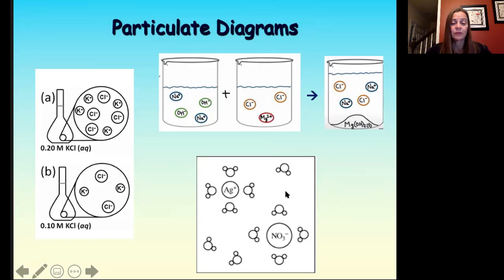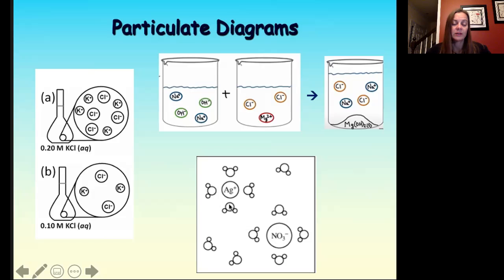And the last thing that's really important to remember about particulate diagrams is that when we draw these, if it asks us to draw the solution, it's really important that you draw them with the proper orientation. So these little Mickey Mouse ears represent our water molecules, and these are our ions.